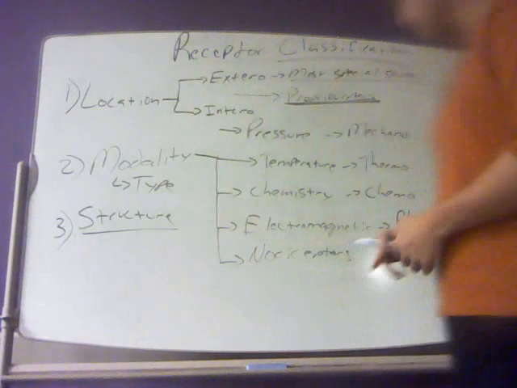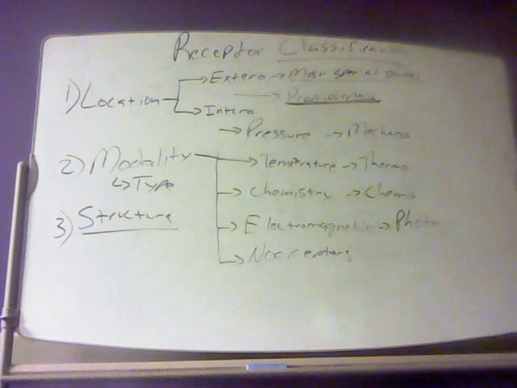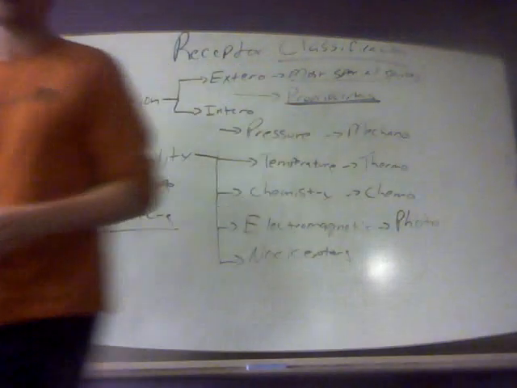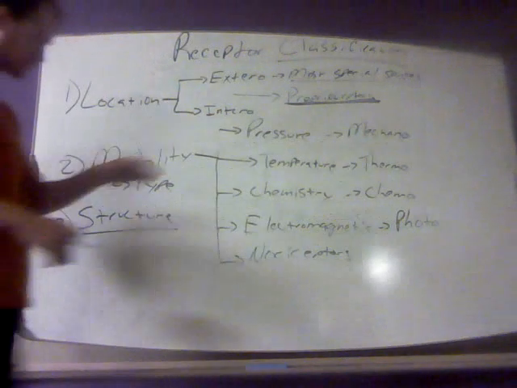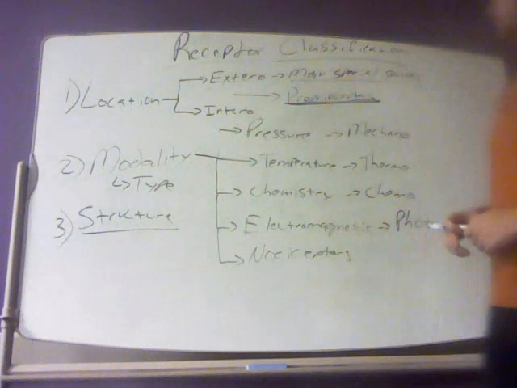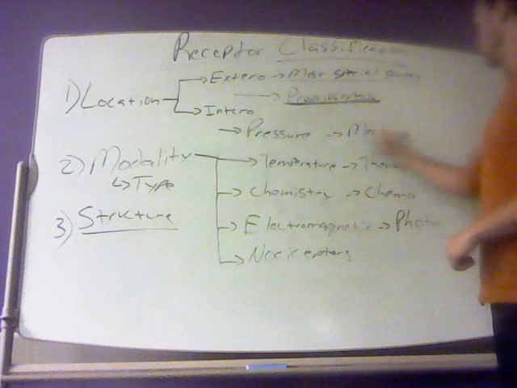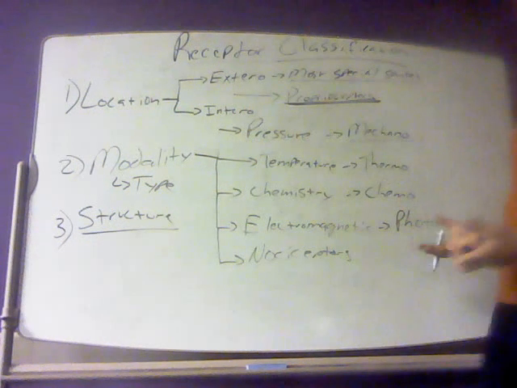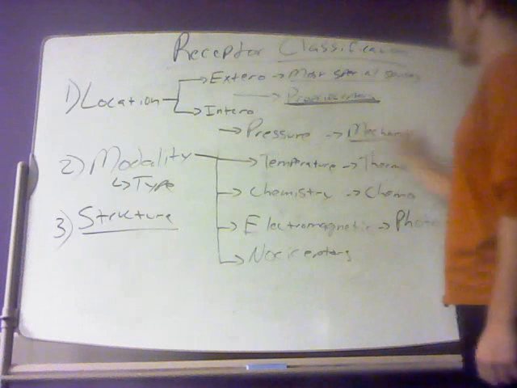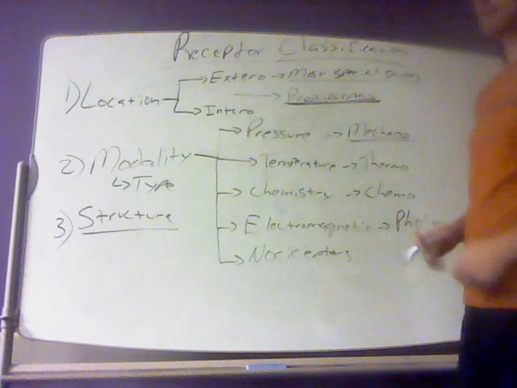There are mechanoreceptors in the arch of the aorta and in the carotid bodies of your carotid arteries that are very sensitive to changes in blood pressure. So mechanoreceptors are designed to detect changes in pressure, physical force applied to that receptor or to that tissue.